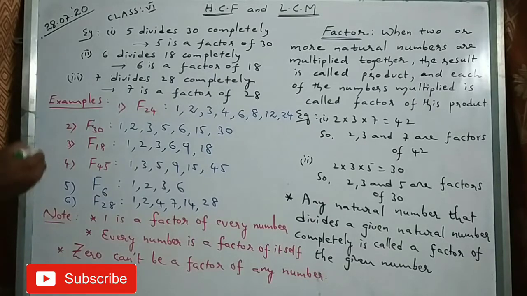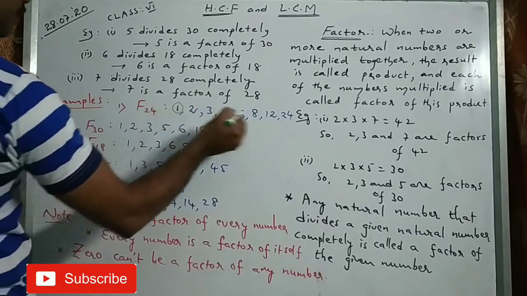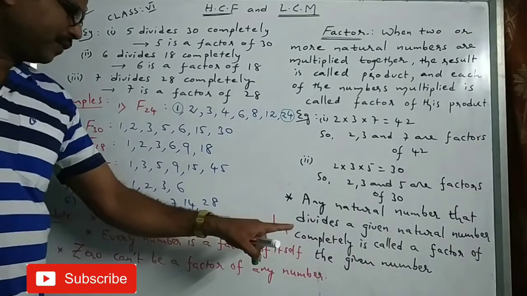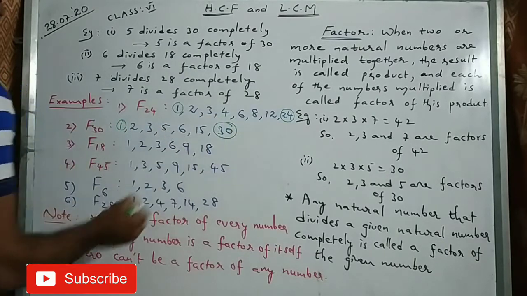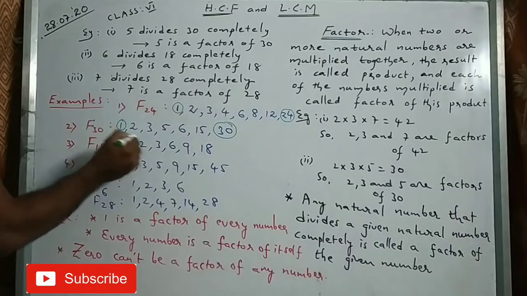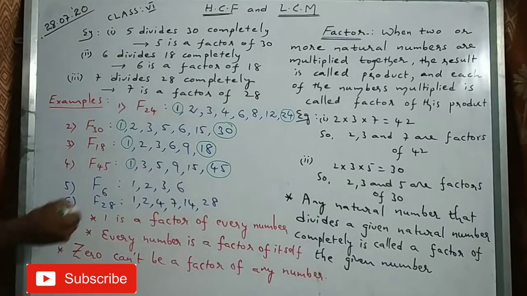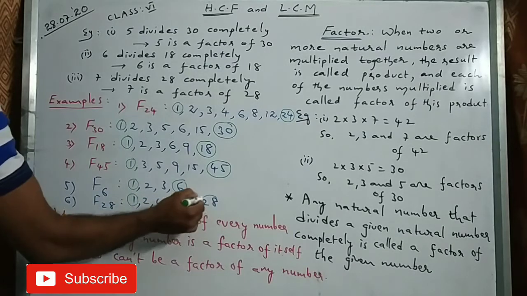Observe this. When we find factors of 24, you got 1 and 24 as factors. 1 is everywhere. Under note I have made that point: 1 is a factor of every number. Here also you have 1 and 30, 1 and 18, 1 and 45, 1 and 6, 1 and 28.